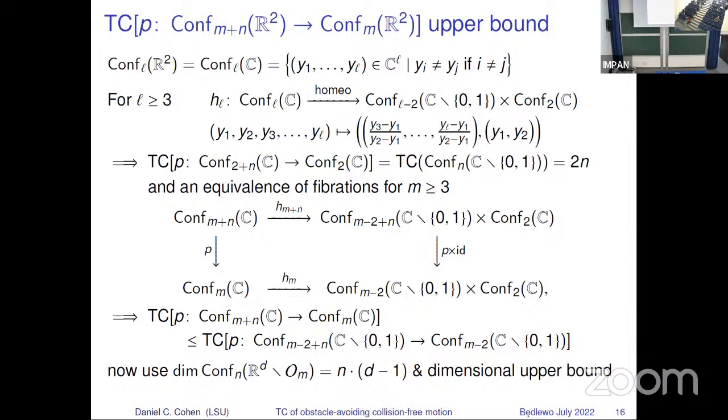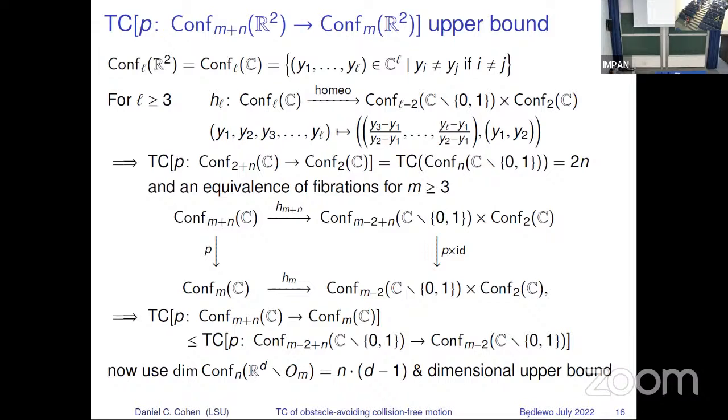So that reduces the problem to thinking about a smaller number of obstacles at the cost of working in C minus a couple points. You can get easily, though, upper bounds from this latter fibration.